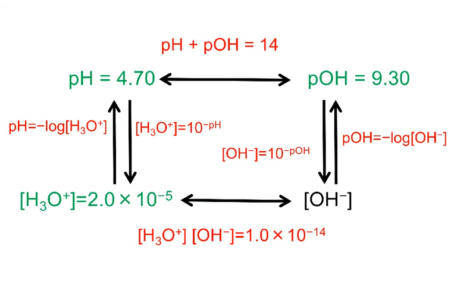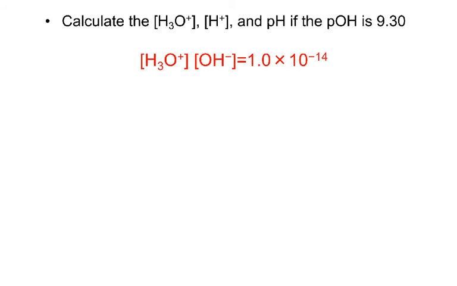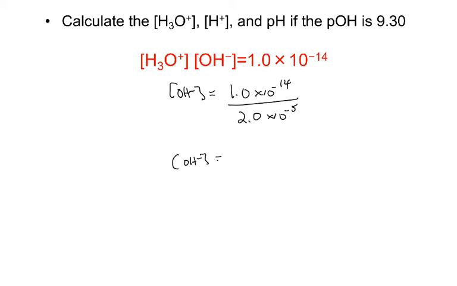So let's do it that way. Now the hydroxide is going to be, and when I plug that into my calculator, I get that the hydroxide is 5.0 times 10 to the minus 10 molar.